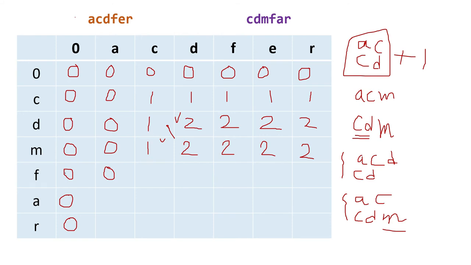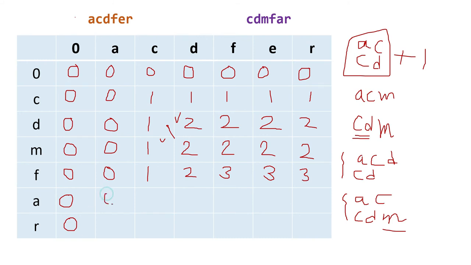Here between F and C it is not matching, then you will take 1. Then D and F it is not matching, the max is 2, that I will take. Between F and F it is matching, that means we have to do a plus 1 with this value, so it will be 3. Then between E and F not matching, so we will take the max, that is 3 between these two. Then R and F is not matching, we have to take 3, that is the max.